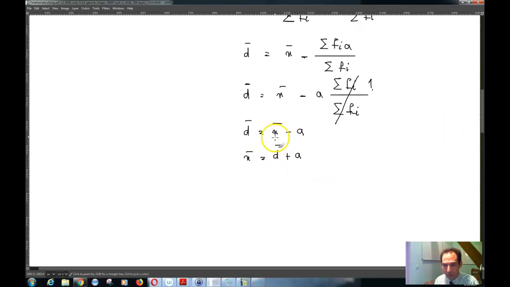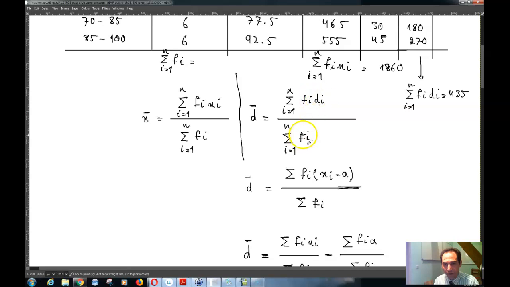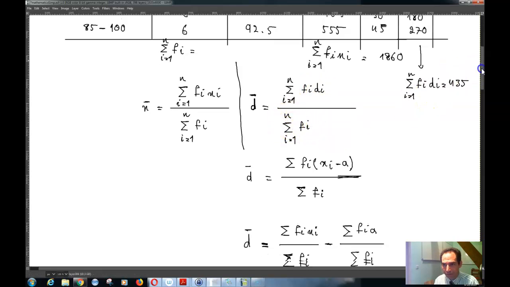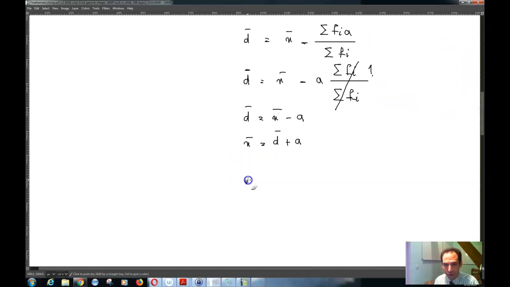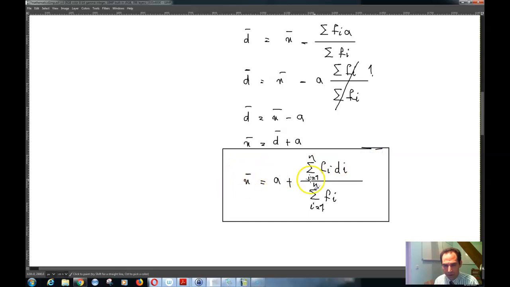Of course, d bar we define to be sigma f of i d of i over sigma f of i. So that means that x bar is equal to a plus sigma f of i d of i over sigma f of i, as i goes from 1 to n. And that is the relationship between x bar and d bar.